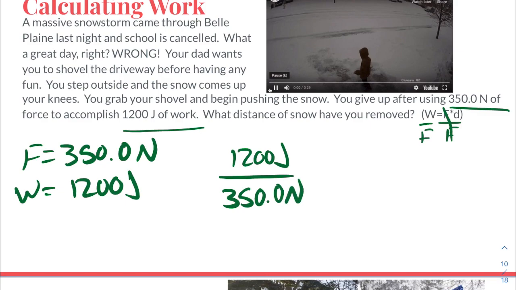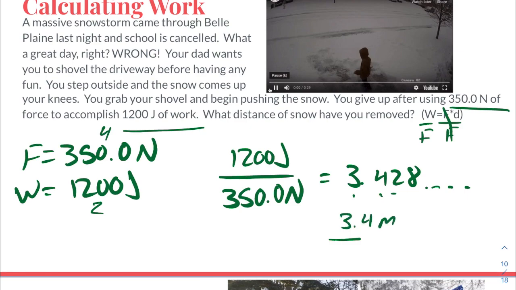And if you do that on your calculator, you end up with 3.428, and a bunch of other numbers. For sig figs, we've got 4 up here, we got 2 down here, we need 2, so here's 1, 2, we look to the next spot, it is lower than 5, so we're not rounding up, so we get 3.4 meters. That's how much snow you removed before you gave up.